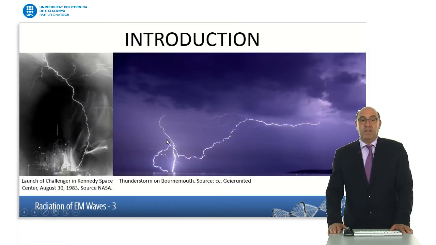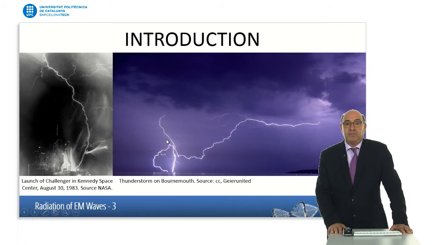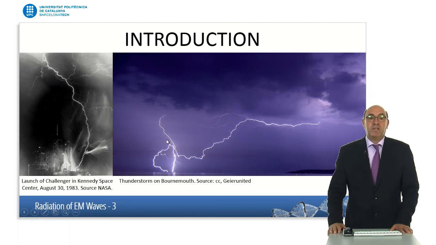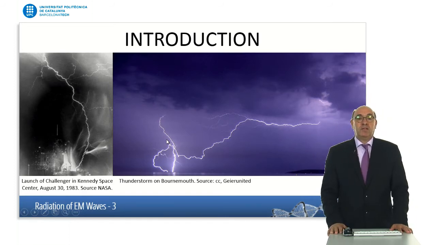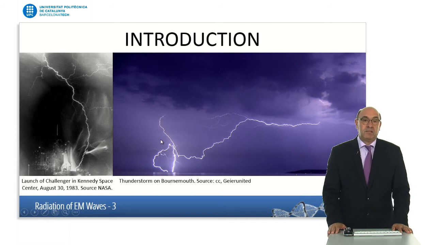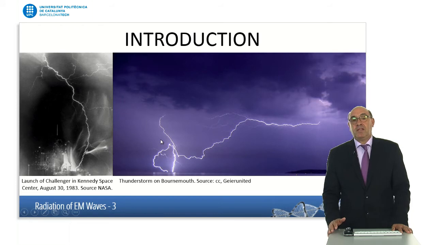Here you have one example of something that is very familiar to us. This is a couple of pictures of really powerful storms. And in all of them, you will see that there's lightning, and those thunderstorms really not only generate light, but also generate strong electrical fields and also sound.